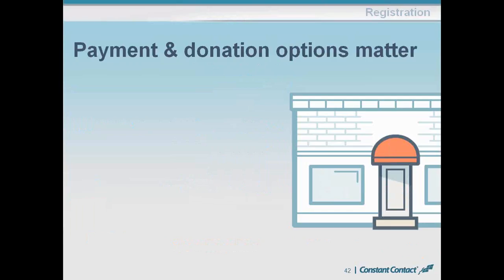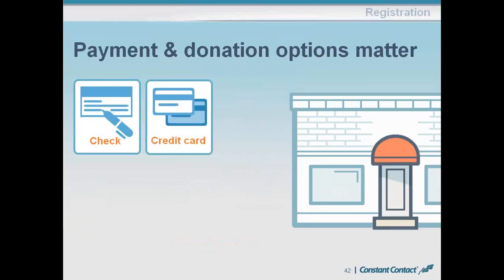If you have decided to collect payment for your event, consider the impact that how you allow them to pay or make donations can have on registration and attendance. The options you provide can influence the number of people that complete the registration process. There are different ways for invitees to pay for registration if you're charging for your event or donation.